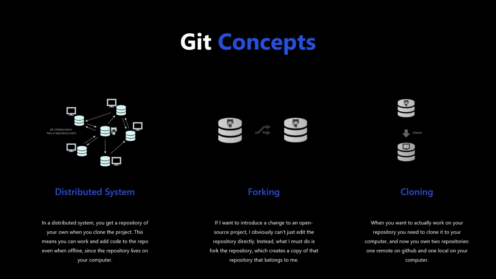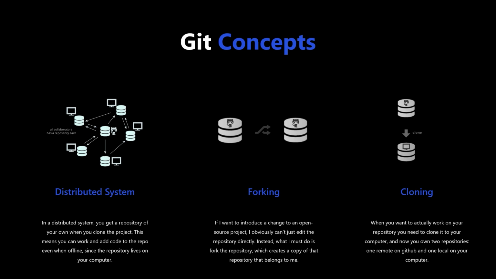Now, there's this other thing called cloning, and this is where people get confused because they say, well, forking and cloning sound very similar, but it's where they're going that distinguishes their difference. At least that's how I like to think about it. Forking stays within GitHub. But when we talk about cloning, we can take a copy of our repo that is on GitHub and clone it to our local system.